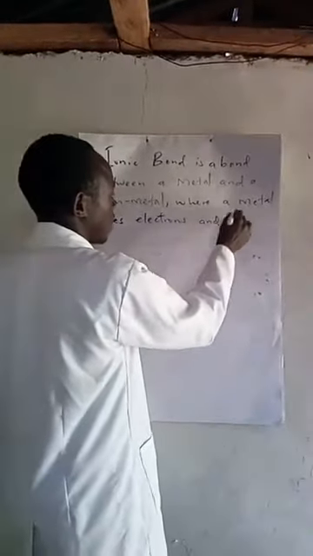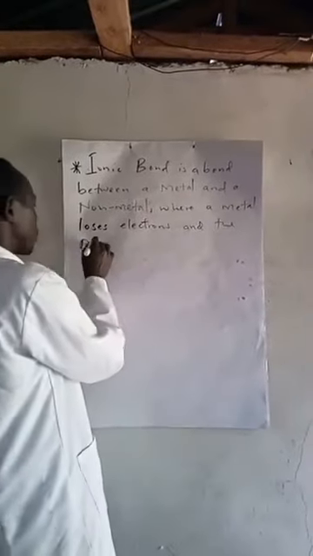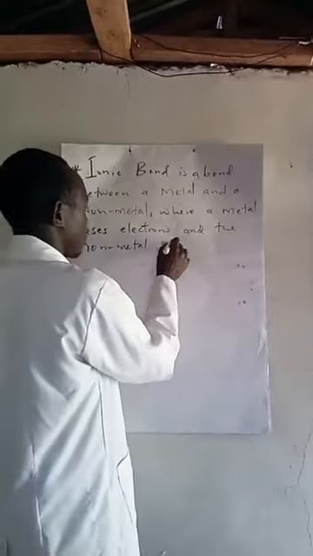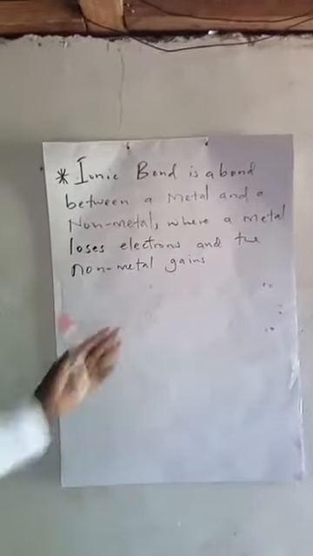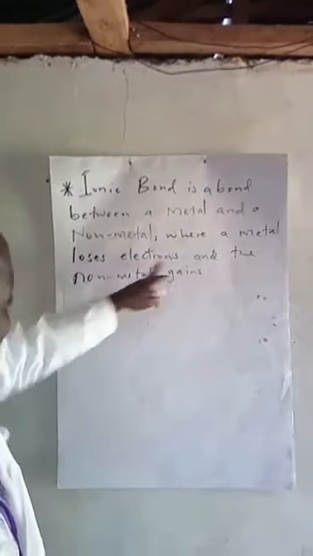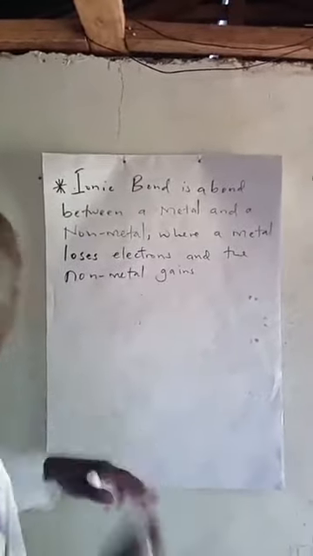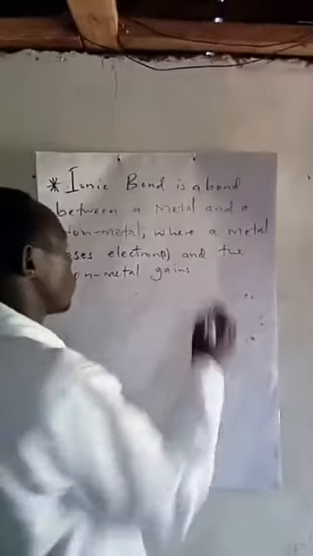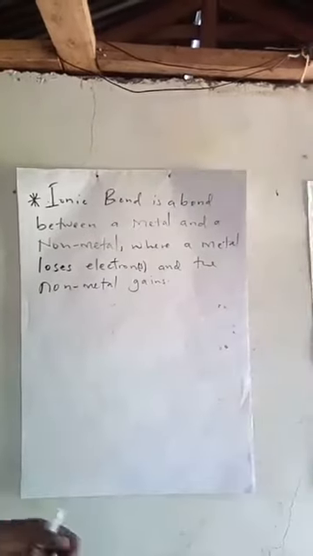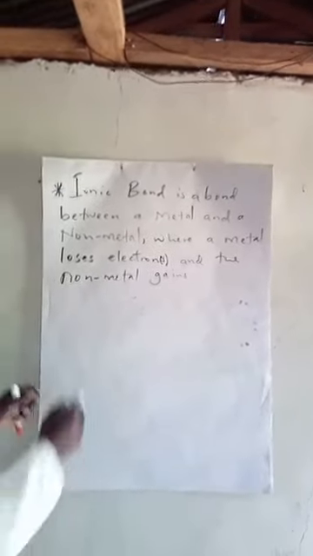Ionic bond is a bond between a metal and a non-metal, where a metal loses electrons, either electrons or electron. It can be one or many, and the electrons lost by the metal are gained by the non-metal.